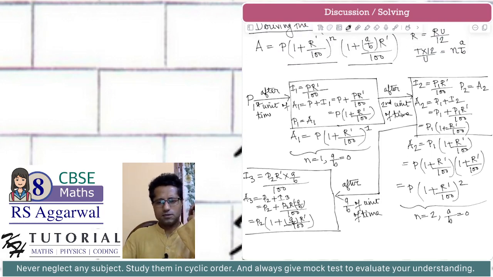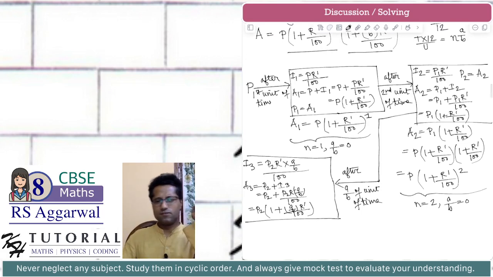If this is the scenario, then we will have n equal to 2 and A by B not equal to 0, some A by B. Now we have amount A3 equal to P2 into 1 plus this.